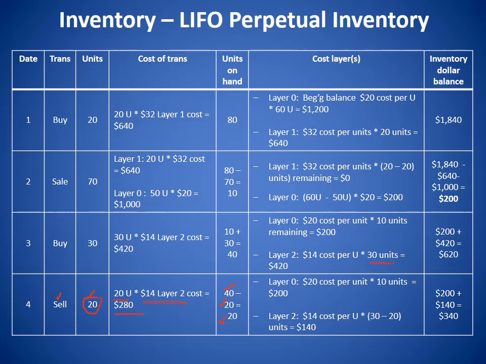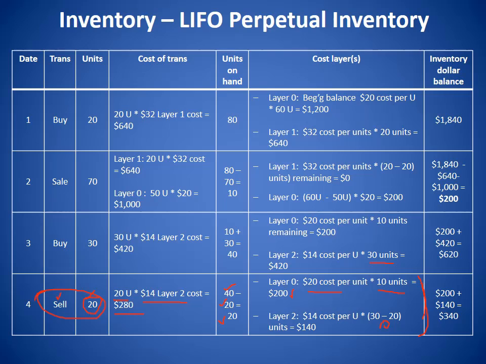Now again, if we want to calculate the value of our total inventory by layers, it should be equal to layer 0, which still has 10 units remaining in it at $20 a unit, so that's equal to $200. Also, we have layer 2, where we had 30 units and we just used up 20 units as a result of this sale. So now we basically have 10 units left in layer 2 at $14 a unit.